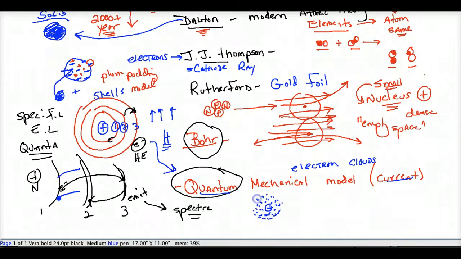We didn't know exactly where they were, but we could say with a probability, which is a word you'll hear, where they are in this shape. And we also have shells that are farther away. They're not circular orbits, but they are in a different shape, the electron cloud.